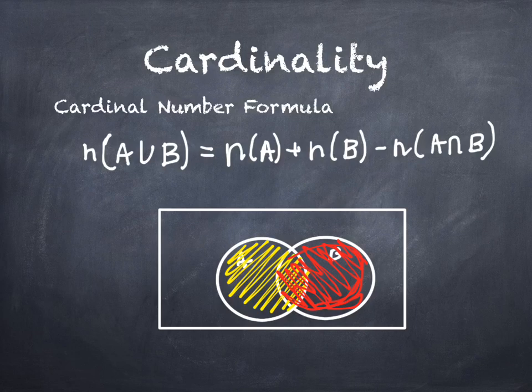I overlapped my shadings in the middle, right? So if I counted everything in circle A and everything in circle B, I actually counted the middle twice, didn't I? And that's why this formula shows that we need to subtract however many were in the middle one time, because we double counted it when we did the first two pieces. Does that make sense? So we need to make sure we're not double counting is the issue.